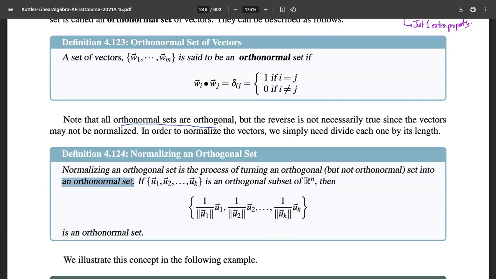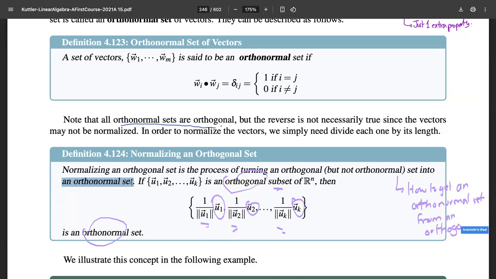So if u1, u2 up to uk is an orthogonal set, all we have to do is divide each vector by its own corresponding length and you will get an orthonormal set. So this tells you how to get an orthonormal set from an orthogonal set.